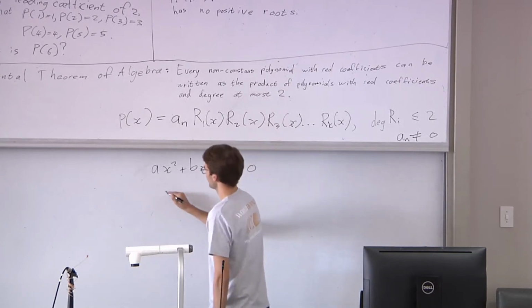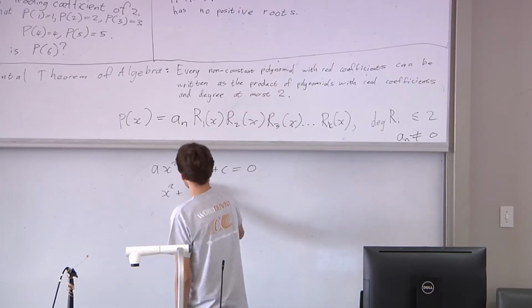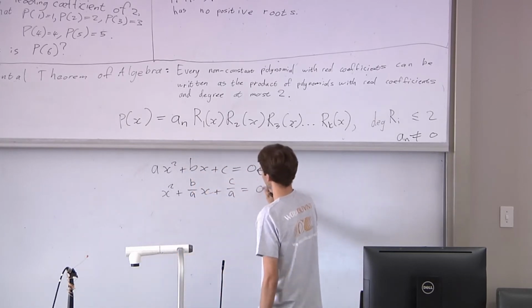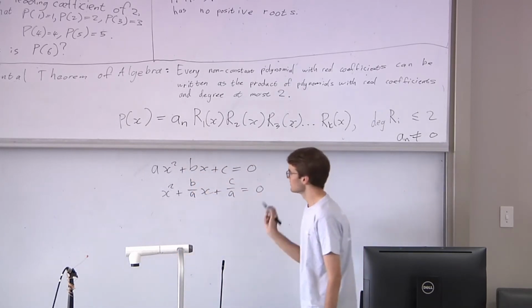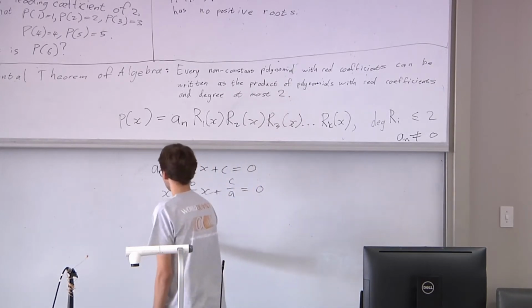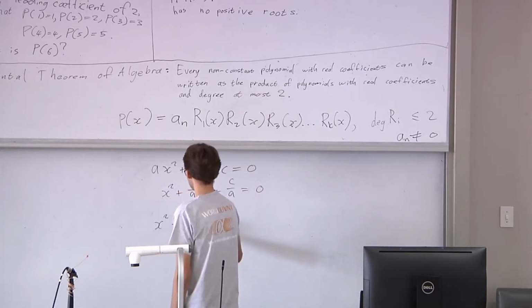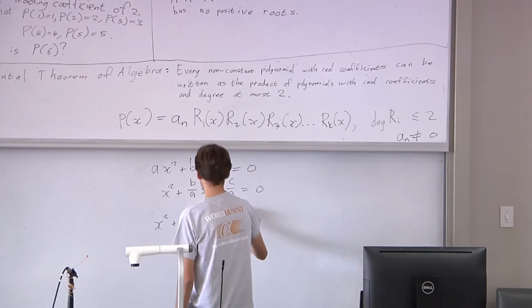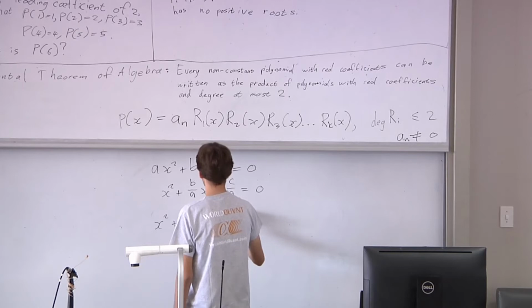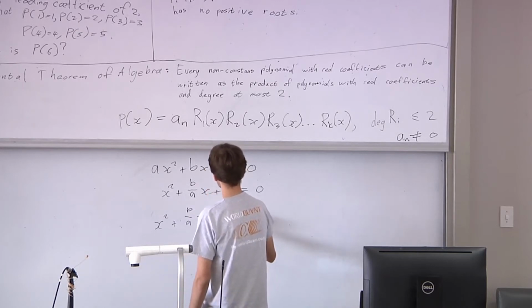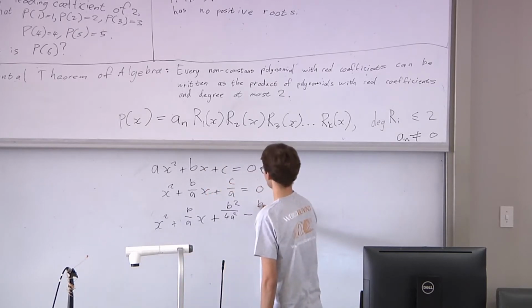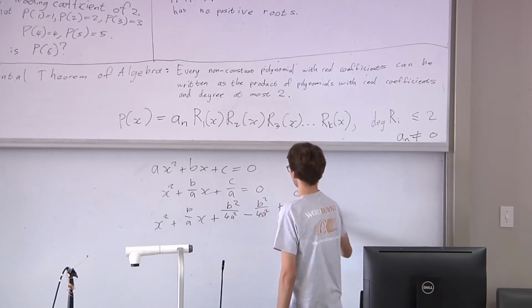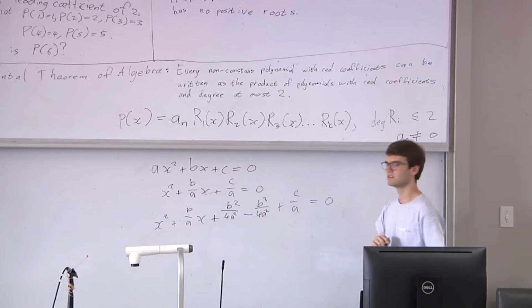So divide through by a to get x squared plus b over a x plus c over a is equal to 0. Now, you do a little trick where you see that this is x squared plus b over a x plus b squared over 4a squared minus b squared over 4a squared plus c over a is equal to 0.